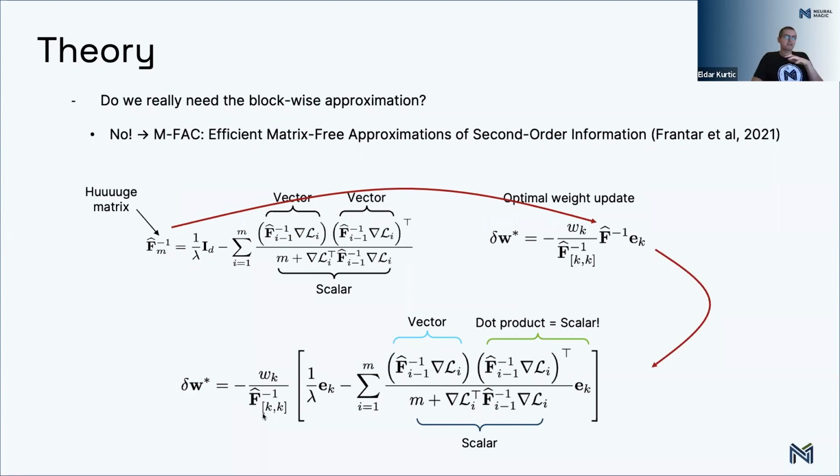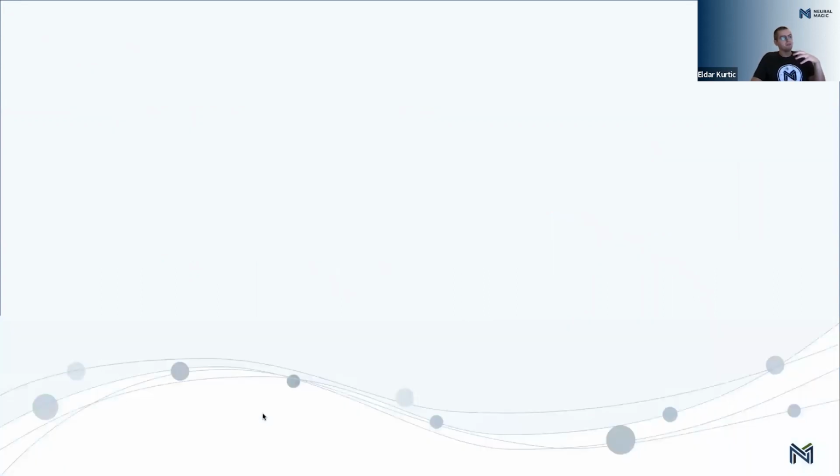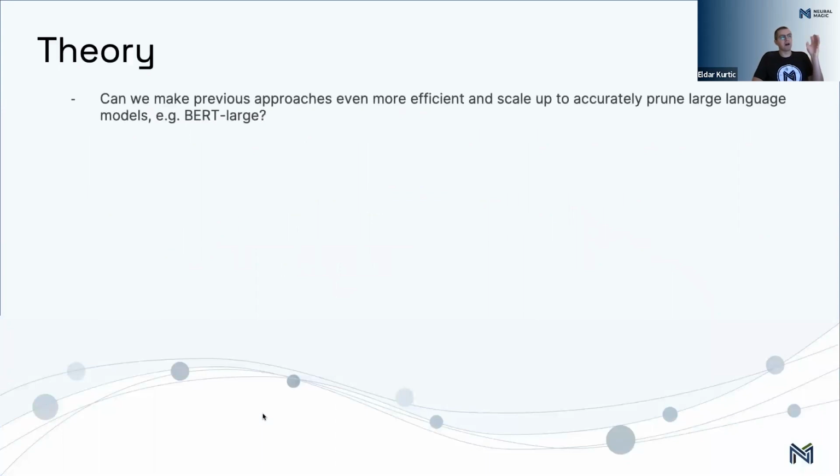But then we wanted to see if we can make this approach a little bit more scalable and more memory efficient. And if we can try to expand it to cover the NLP domain, so natural language processing domain, and if we can try to prune some language models like BERT-base, BERT-large, which have for example 100 or 300 million parameters.